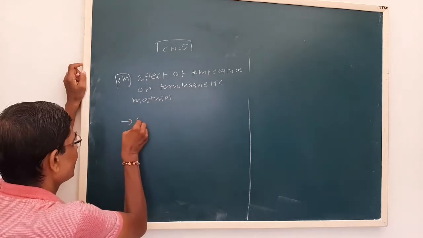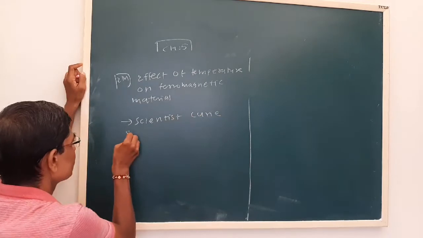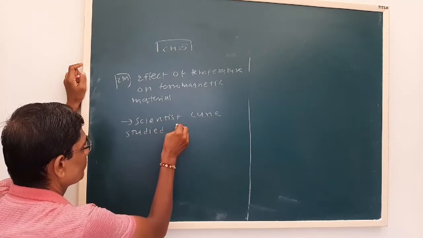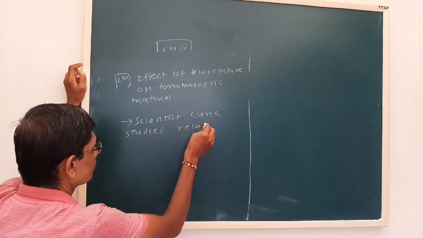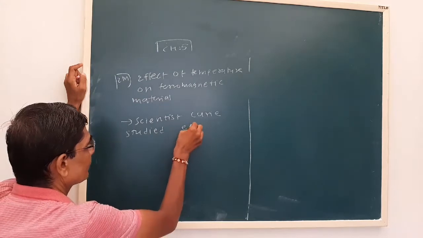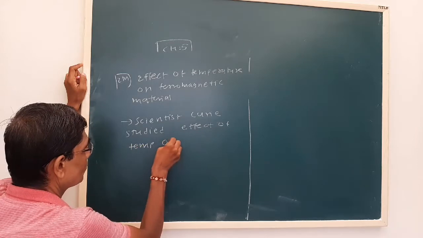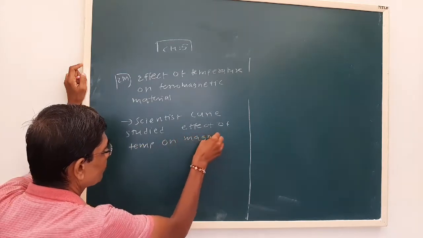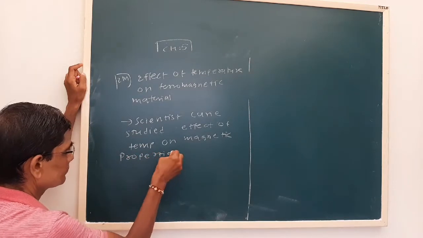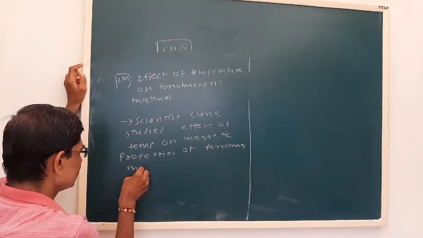So, scientist Curie studied the effect of temperature on magnetic properties of ferromagnetic material.